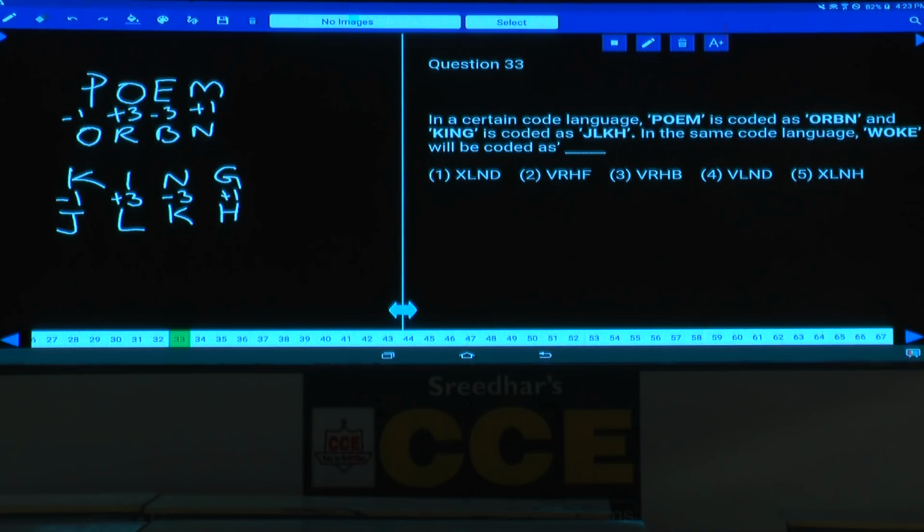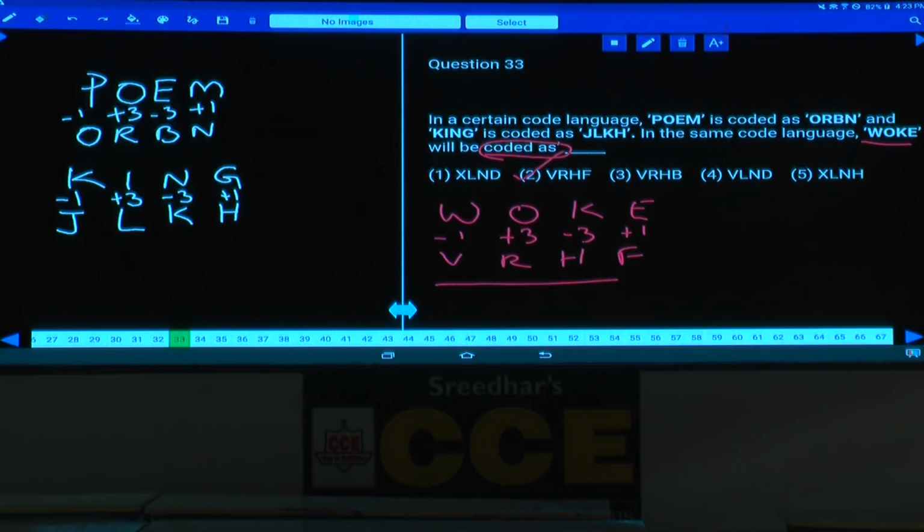Similarly, WOKE will be coded as what? W, O, K, E. W minus 1 is V, and O plus 3 is R, and K minus 3 is H, and finally, E plus 1 is F. Then what is the answer here?